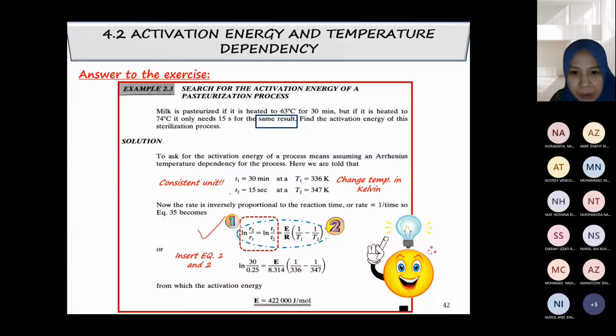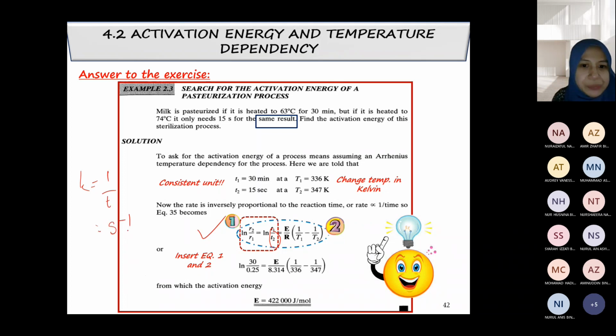Which is ln K2 over K1 is equal to ln T1 over T2 is equal to E over R times 1 over T1 minus 1 over T2. Why does it change here? Because K is usually reported as the inverse of time, 1 over T. So K is usually in terms of s negative 1.